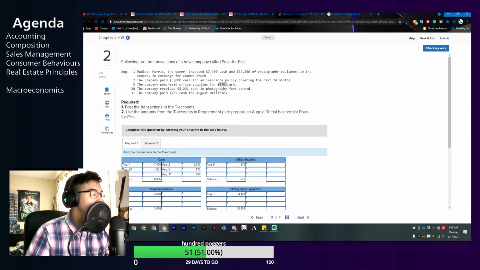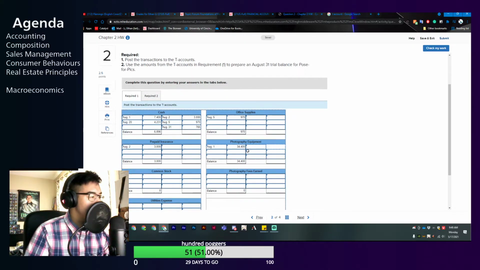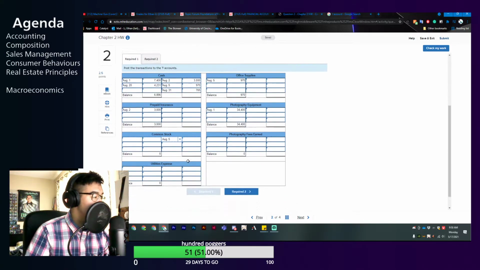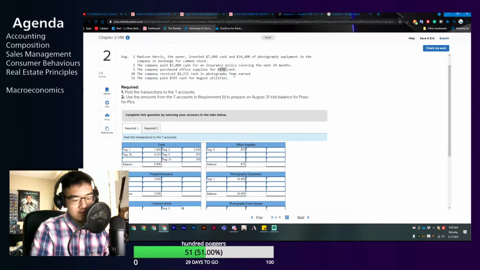Common stock. Okay, so photo equipment, they actually... Wait. They got photo equipment in exchange for common stock. So there's actually a debit of common stock on the 5th. So I'm assuming I would add these two together. So it'd be what? 4180?